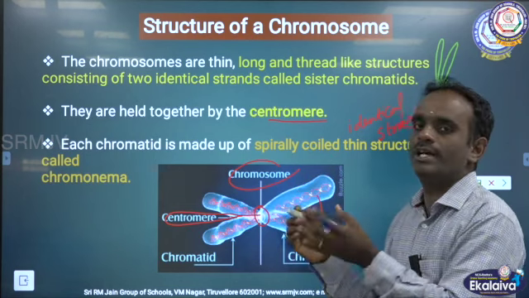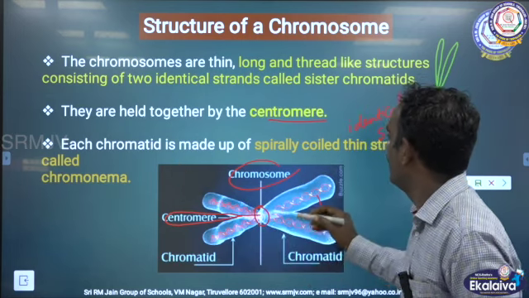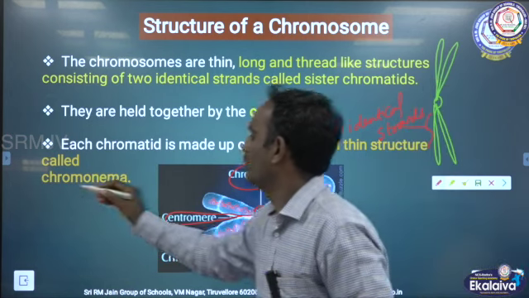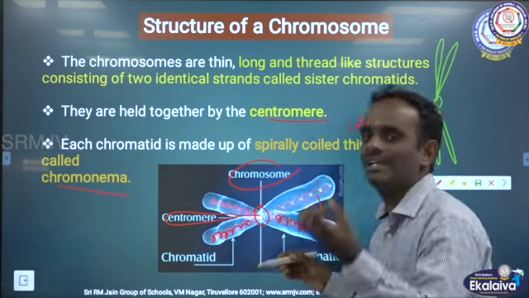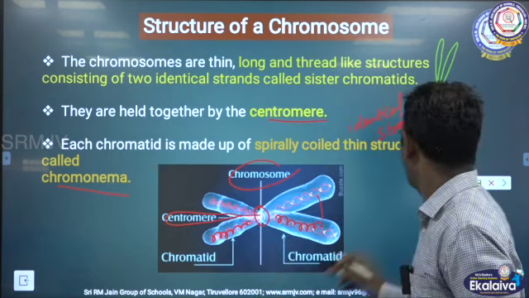Each chromatid is made up of a spirally coiled thin structure called chromonema. Clear, children?